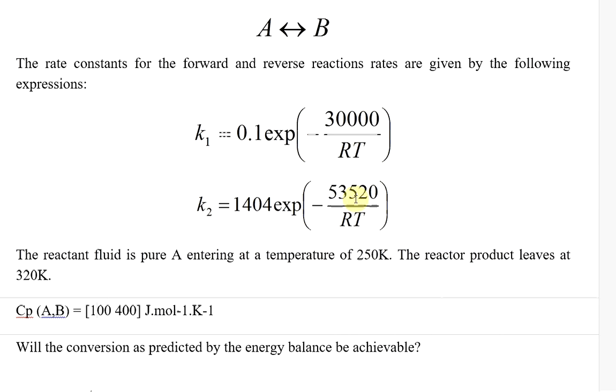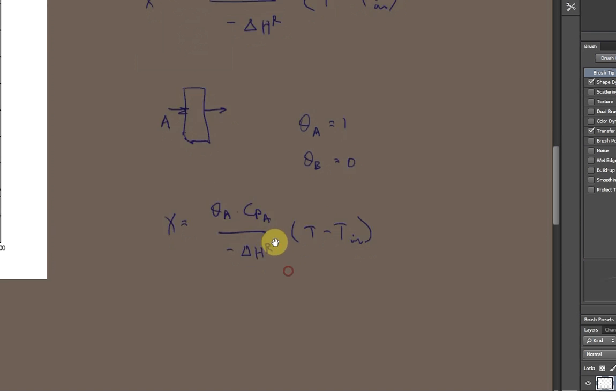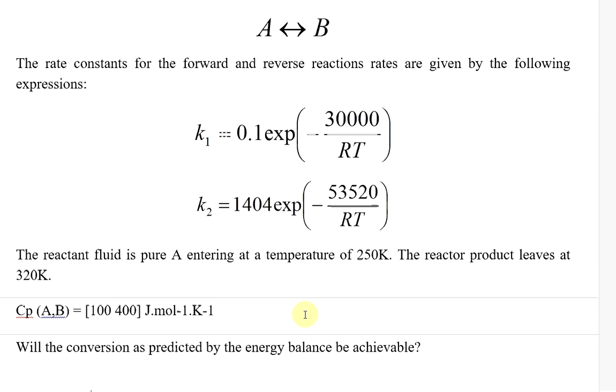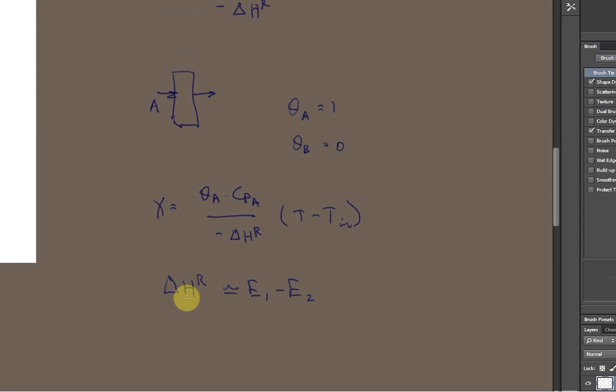But if we look here, we can recall the relationship that we have available to us. So we said delta heat of reaction is approximately the same as E1 minus E2. So we can just take 30,000 minus 53,520, and that's our heat of reaction.